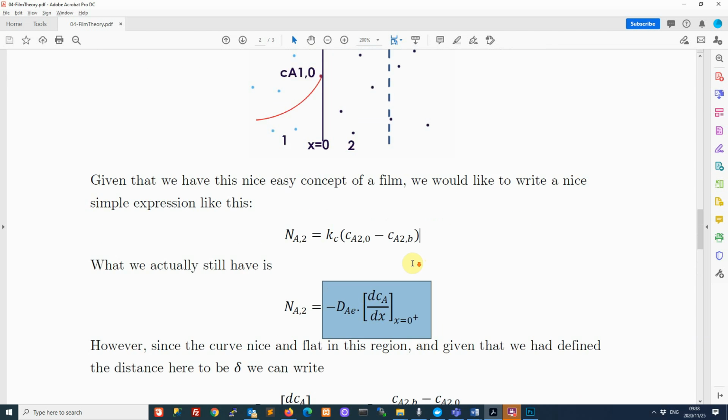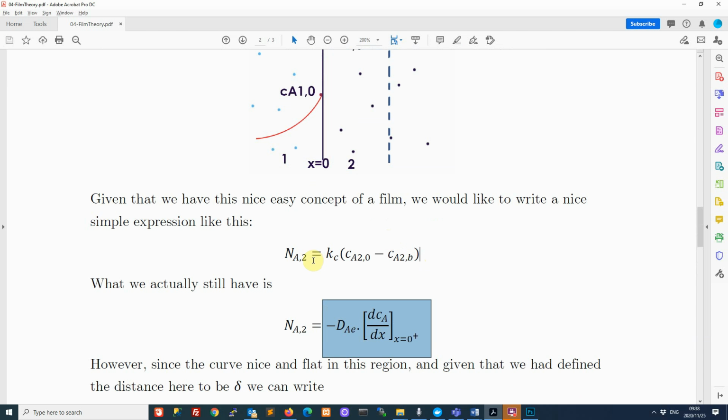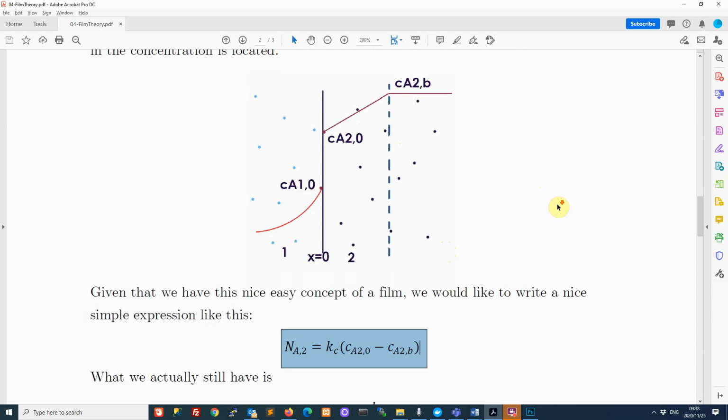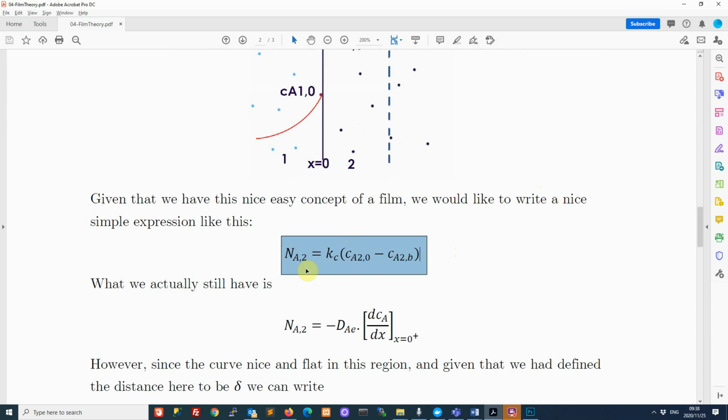But overall, that's the point of film theory, right? With our film theory, we can simplify our expression for the molar flux, and this is for the molar flux near the interface, right? Of course, the molar flux in the bulk of the fluid, that's a different matter, but at least here we can now start thinking about simpler expressions, and that's going to help us in developing the boundary conditions, and that's going to be the topic of the next session.